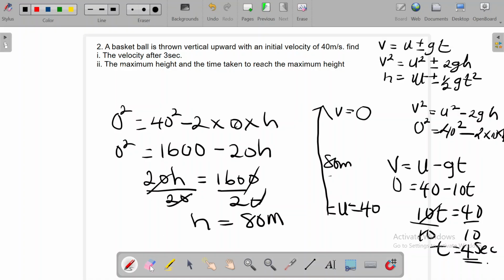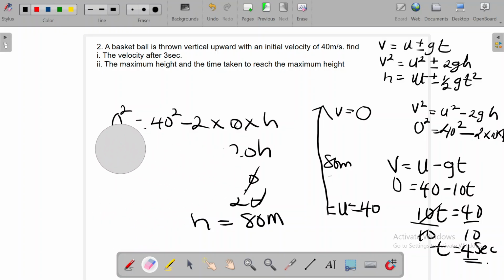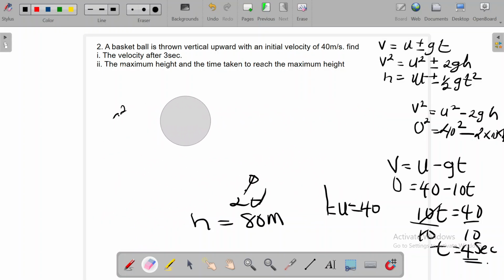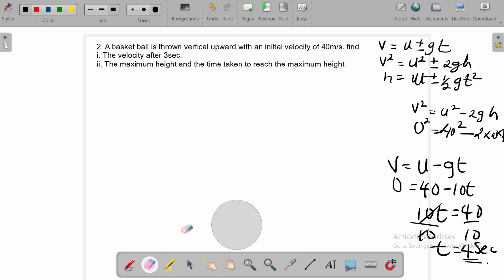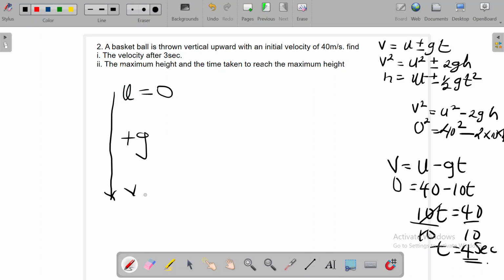So what is the summary to take away from this? Whenever an object is moving vertically downward, the initial velocity should be taken as 0, gravity should be positive, and it hits the ground with a velocity.